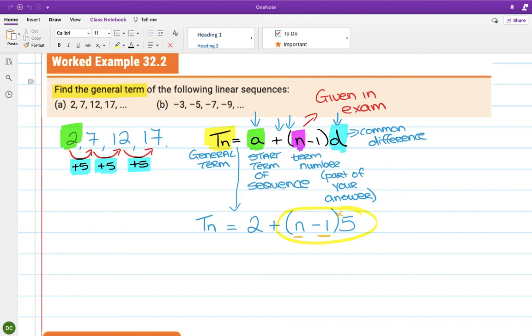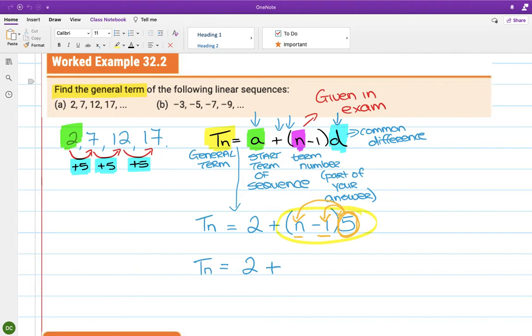You need to take this 5 and multiply it by the first part of the bracket, and multiply it by the second part of the bracket. Okay, so next line down. The 2 is not involved with the bracket, so the 2 just stays where it is. Same with the plus. The plus is not involved, so we just leave that as it is.